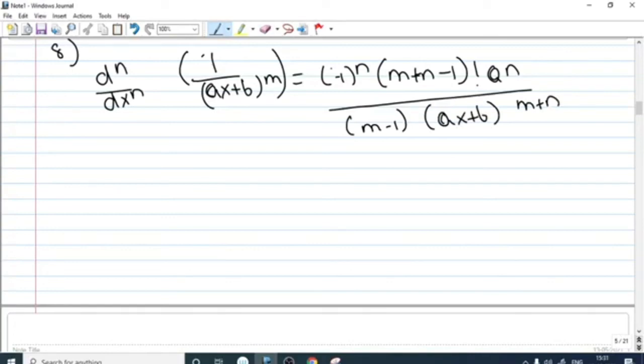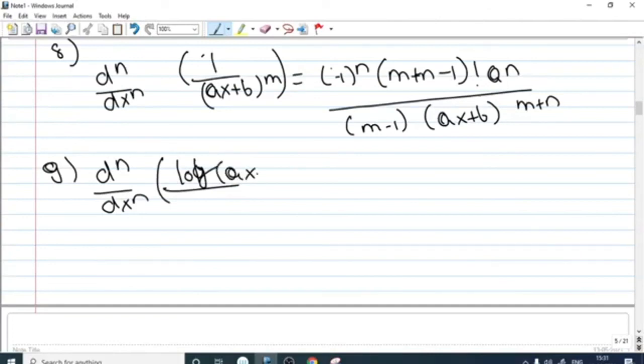Now the last one, the ninth formula, is d power n dx power n of log ax plus b, bracket close. Its nth derivative is nothing but, here instead of m, m will disappear from all the places.